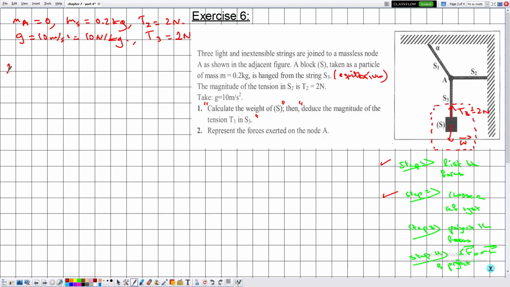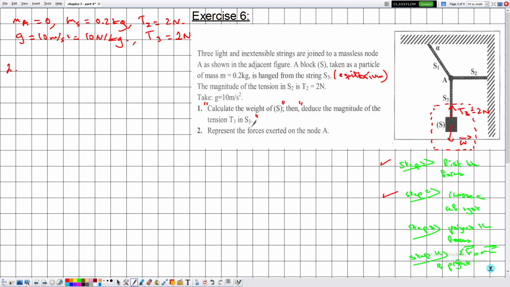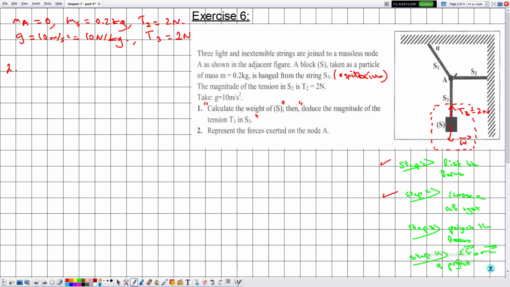Now in number 2, they are just telling me to represent the forces acting on the node A. So there are some parts missing from this exercise, but it's okay. So we are interested in representing the forces acting on the node A. The node A is connected to 3 strings, and they are given by S1, S2 and S3.